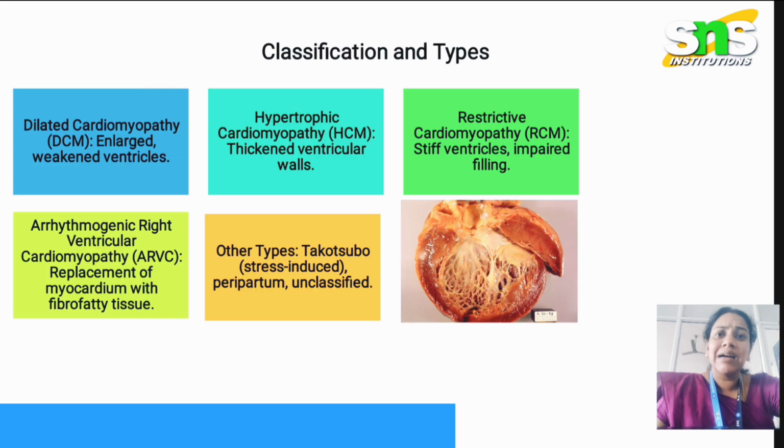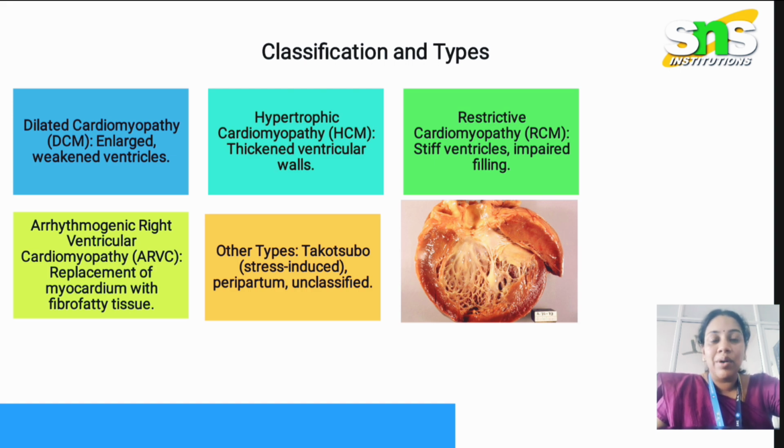So what is actually happening here is, in dilated cardiomyopathy you can see enlarged and weakened ventricles. It cannot pump the blood to the aorta. And in hypertrophic, the muscular portion of the left ventricle as well as the right ventricle has thickened, so that the ventricular space becomes very small. So the blood filling phase of the cardiac cycle will also be affected. It cannot pump the blood to the aorta and the other organs.